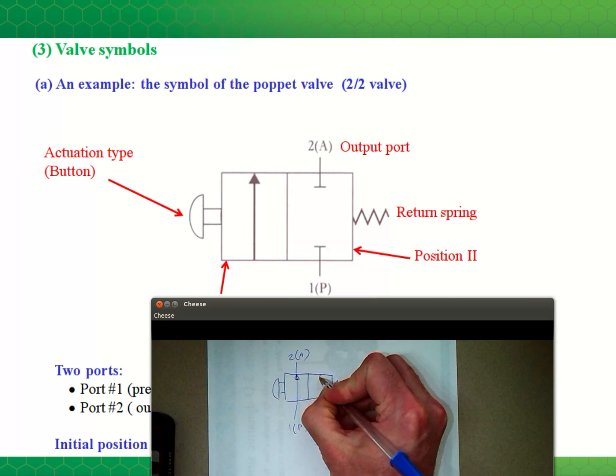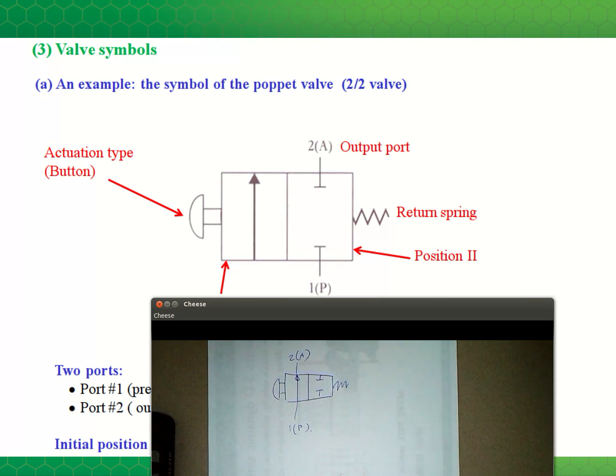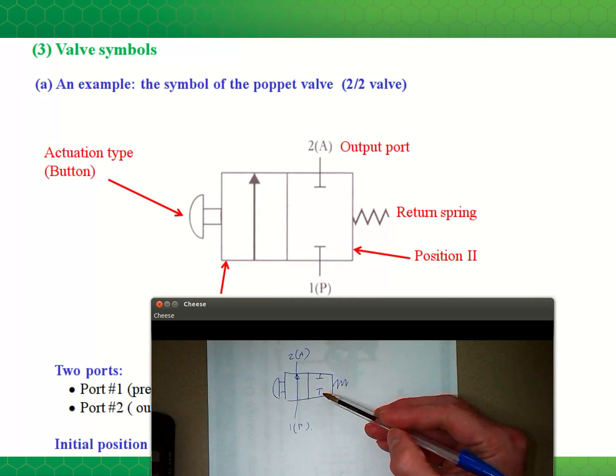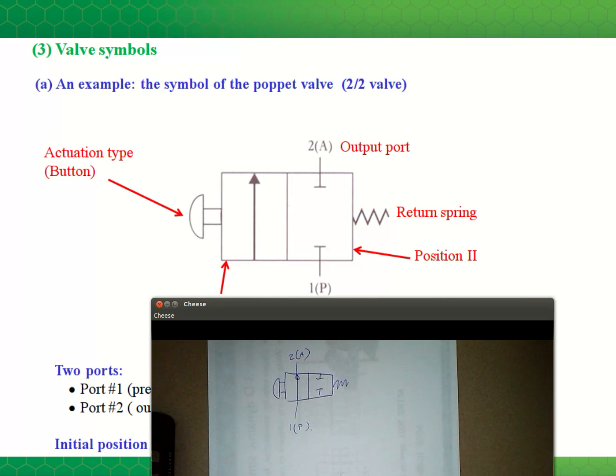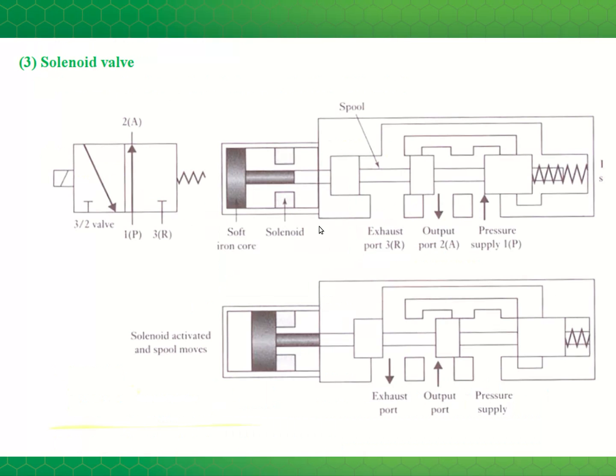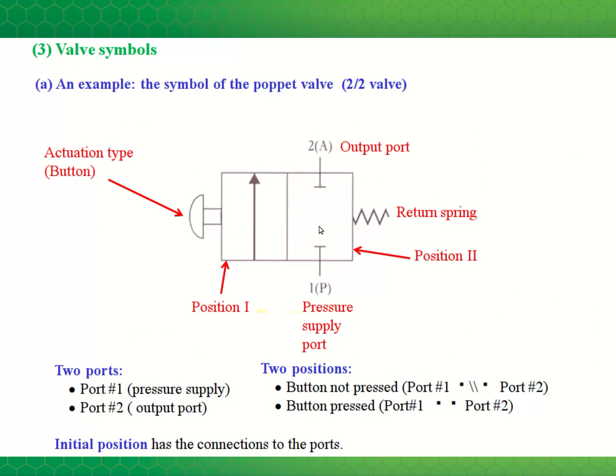I guess I should include, or I definitely should include the symbols for the other position. Okay. So this position indicates that the valve is open. It's being actuated by the button. And then this position over here is whenever the button's not pressed. Oh, and one other item.